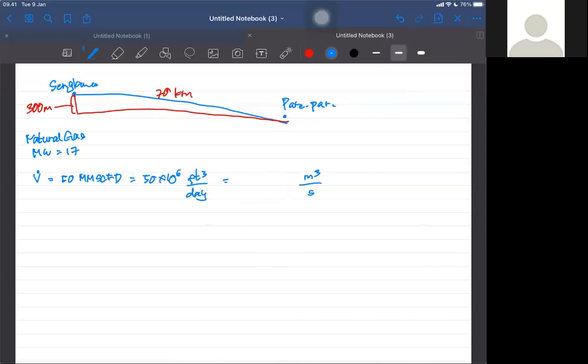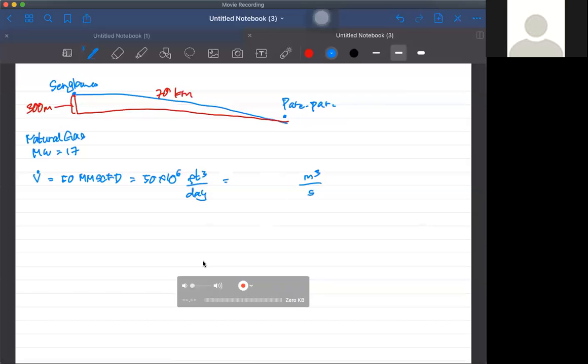So I got it wrong. Can somebody else help calculate? If I change it to cubic meters from feet, it's 1,415,842. I haven't changed it to seconds.